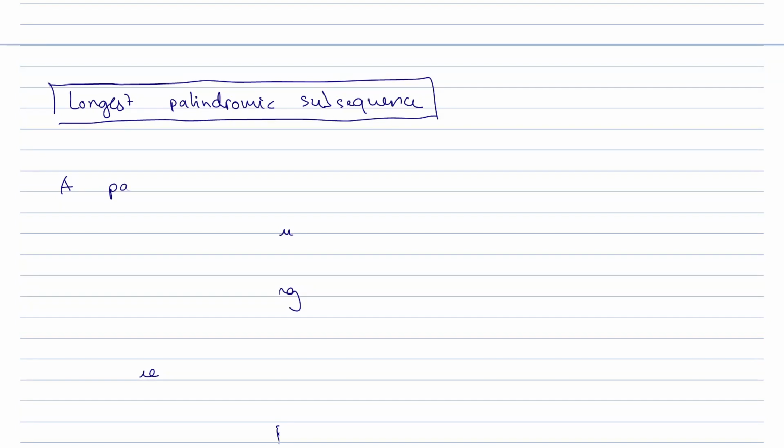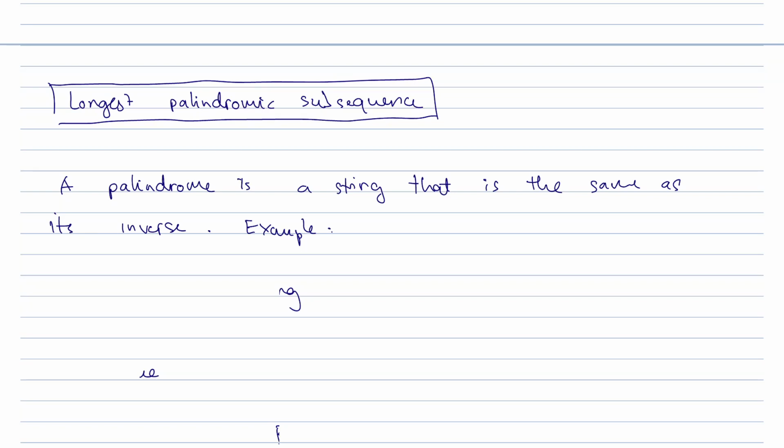A palindrome is a string that is the same as its inverse. For example, racecar or tenet.